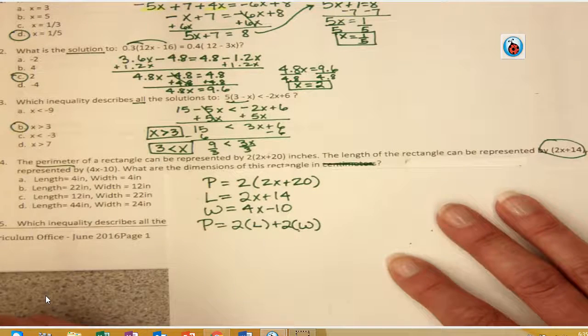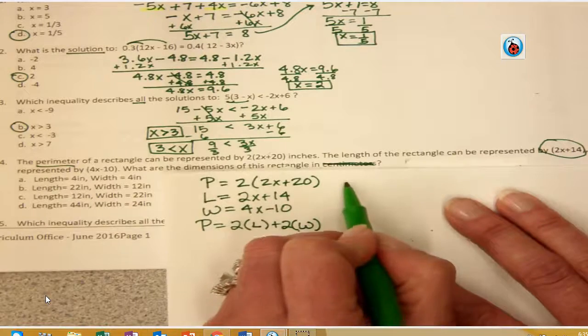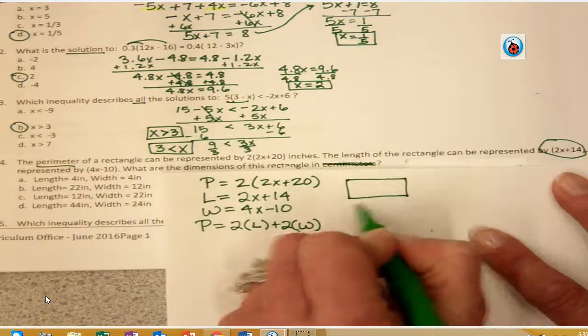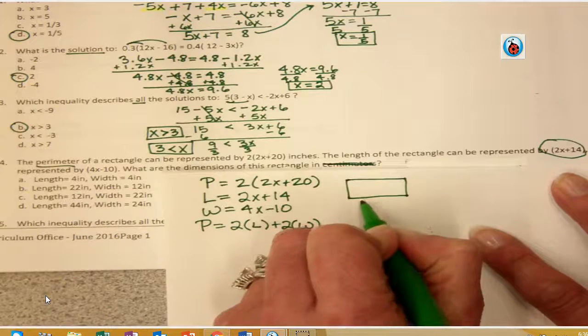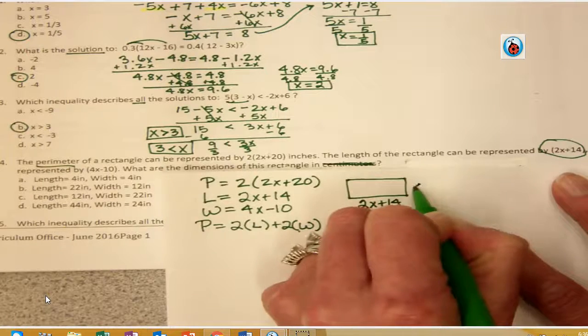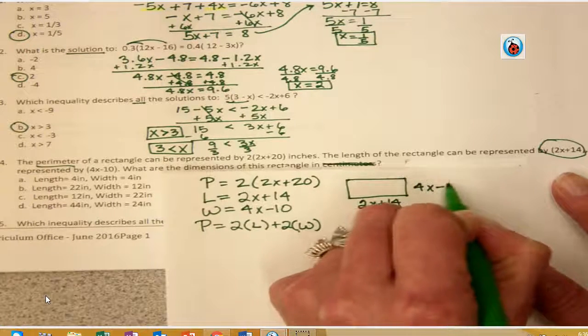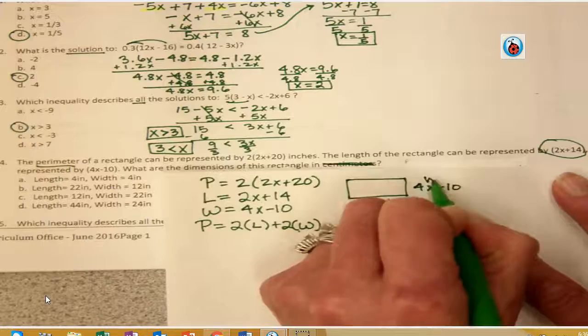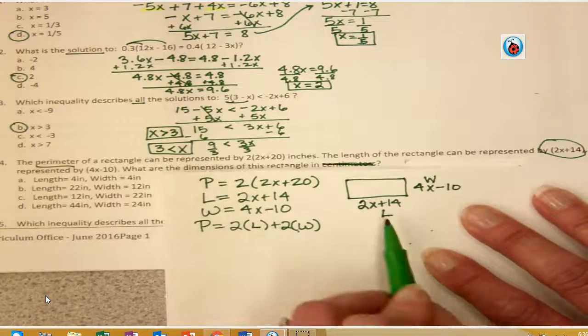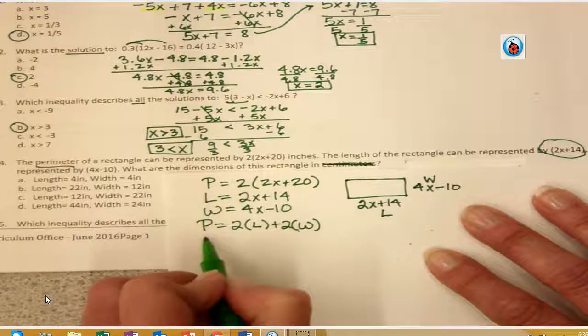So with that out of the way, if I have my rectangle, I need to look at it this way. The length is 2x plus 14. The width is 4x minus 10. So I can plug in to my formula here.